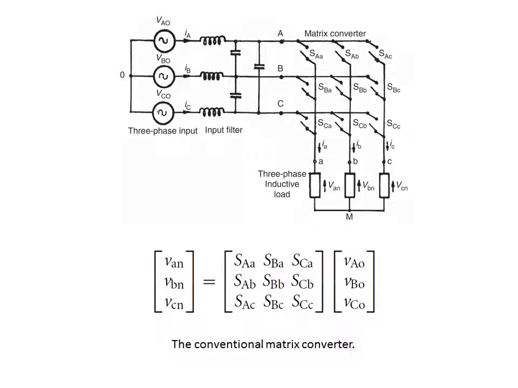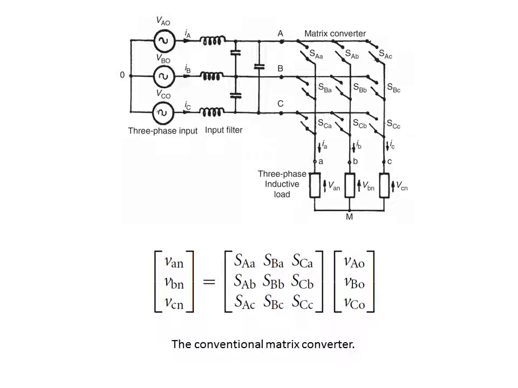As we can see in this diagram, these are the input terminals and this is the input source. So there is a three-phase input source going into a three-phase to three-phase switch matrix, which then supplies a three-phase output load.